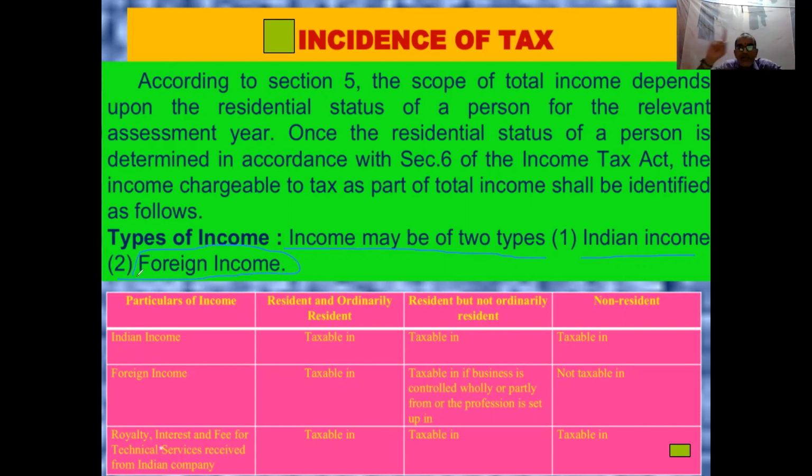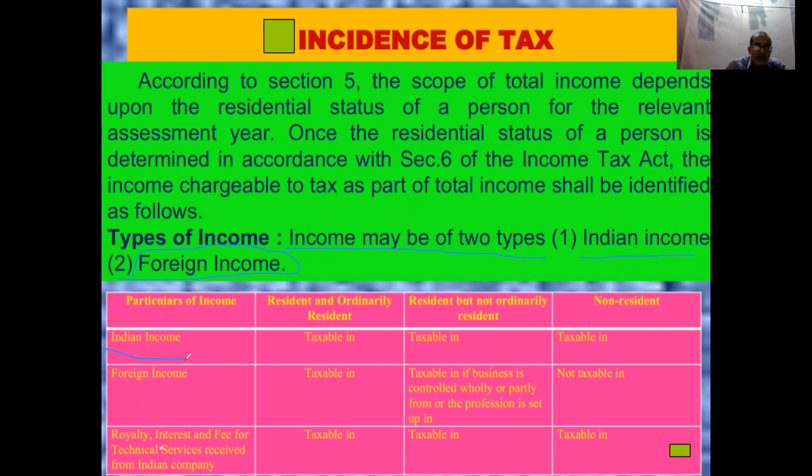Similarly, another type of income is also known as Indian income. Suppose a company is established in a foreign country. Let us take, for example, a company established in Sri Lanka, but its directors are staying in India only. It is totally controlled from India only. The income generated from the Sri Lankan company is also deemed as Indian income, because even though the company is set up in Sri Lanka, it is totally controlled from India.